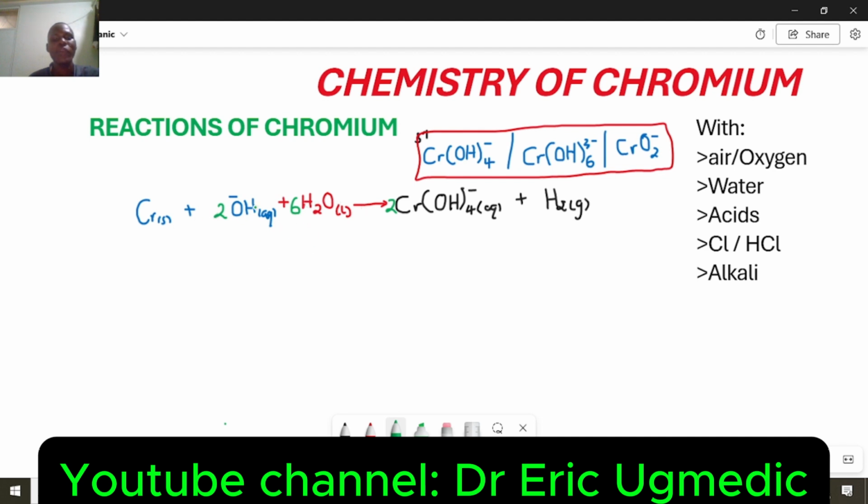I have 2 plus 12, that's 14. And on this side I have this 8 and this plus this, it's 10. So how am I going to make this side also 14? I have to add 6. Where is the 6 coming from? Just multiply this by 3, and I'll have my equation well balanced.